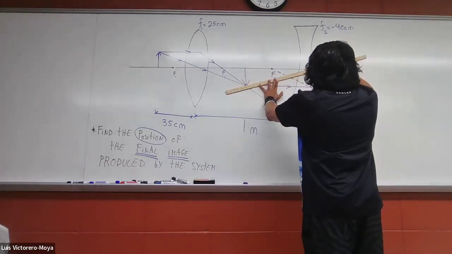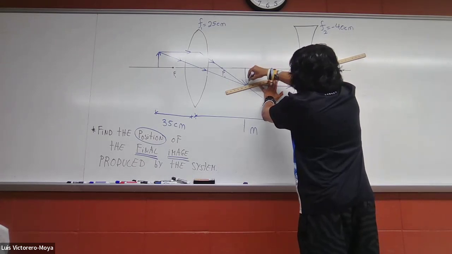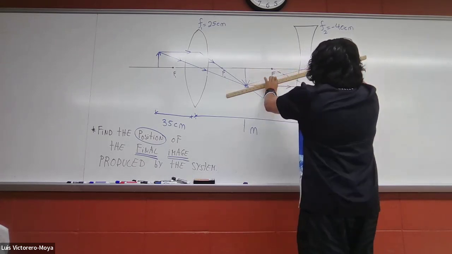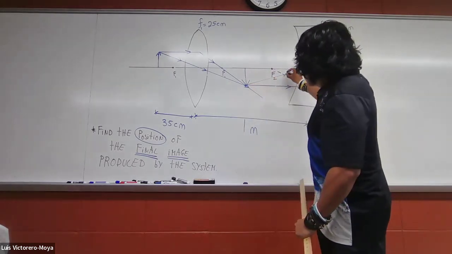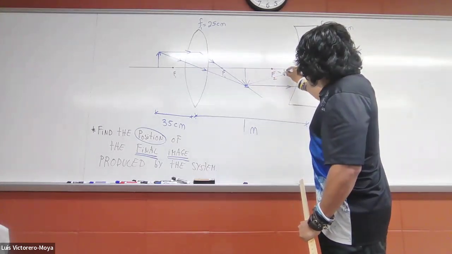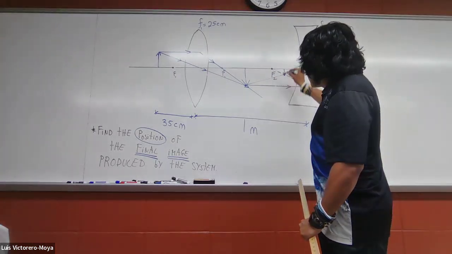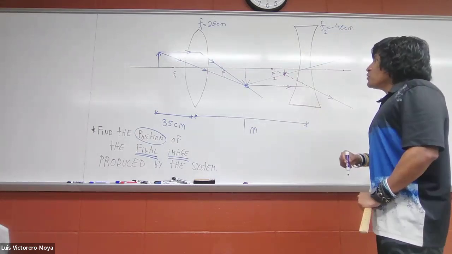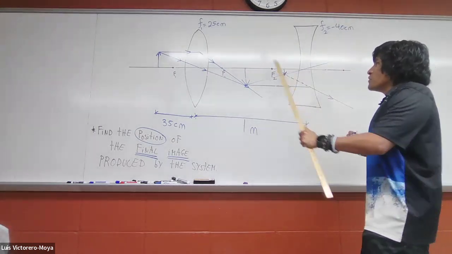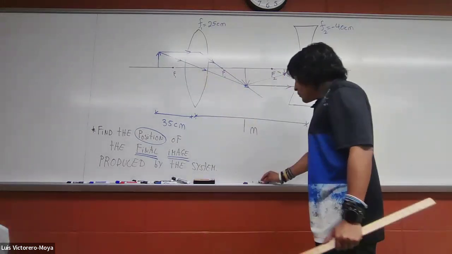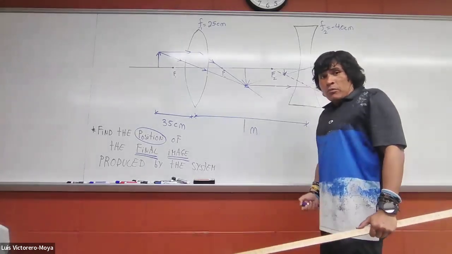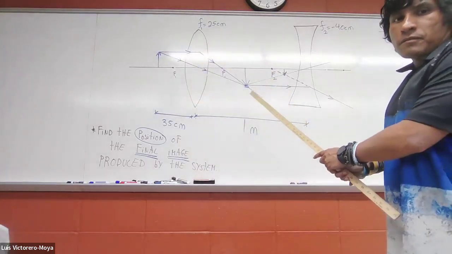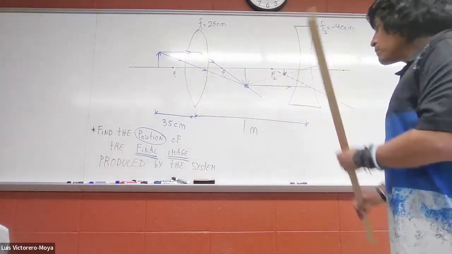And then so that's your final image. Clearly, it's going to be virtual, right? And it's going to be inverted respect to that. So we will do the algebra now. We're going to try to make sense of it. Okay? So that's your final image.